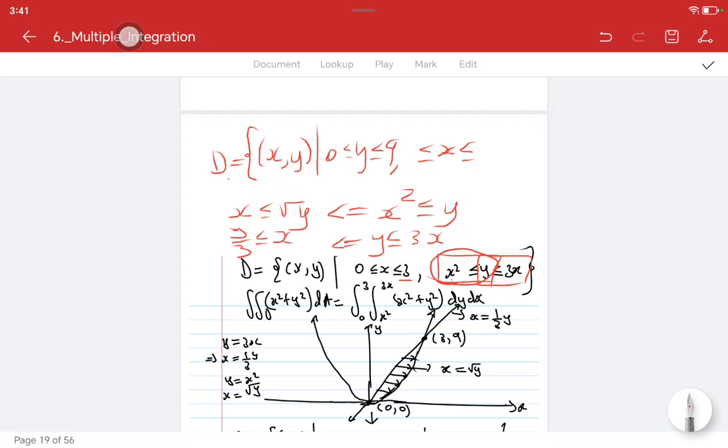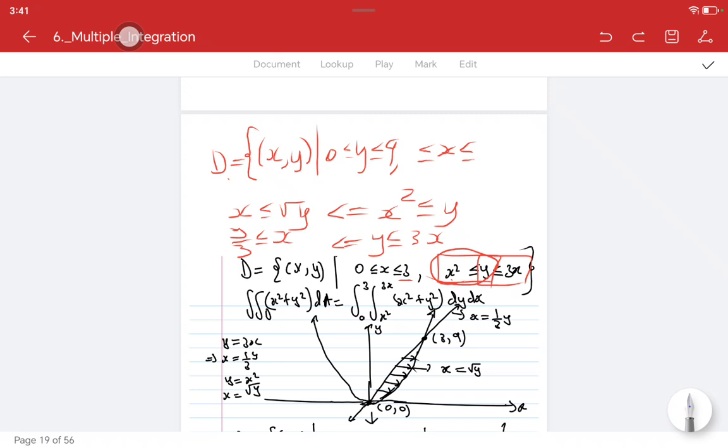So it means that when we have this case, already you can tell which one is above, which one is below. Do you agree with me here? You can tell which one should go below, which one should go above. So between root of y and y over 3, which one should come below?